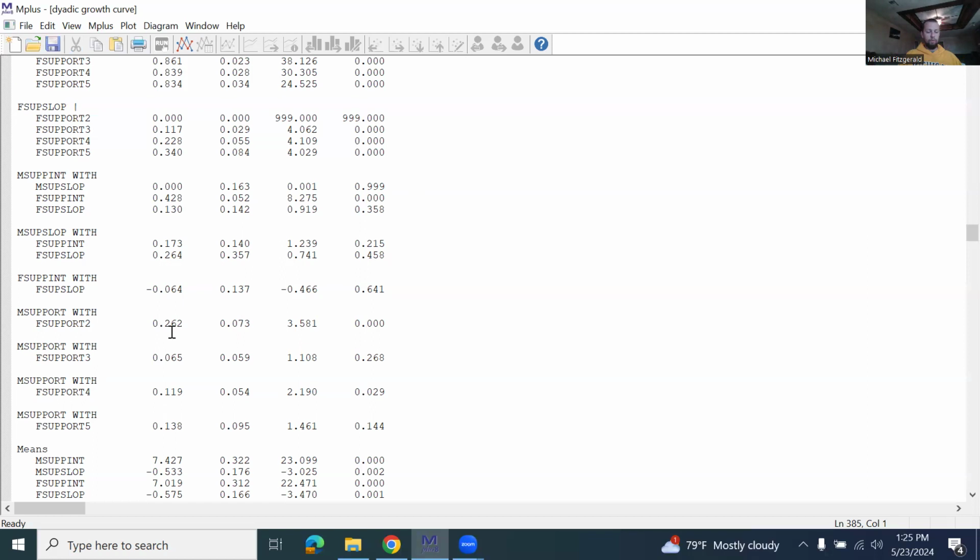And so this could be a method effect, actually, because from my recollection, don't quote me on this, the repeated measures of support and strain and of the marital characteristics actually started at wave 2. I don't believe that occurred in wave 1.